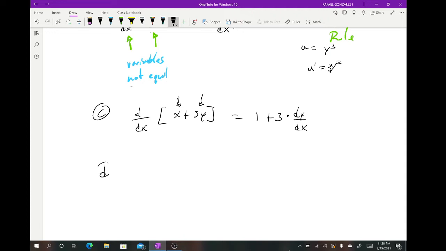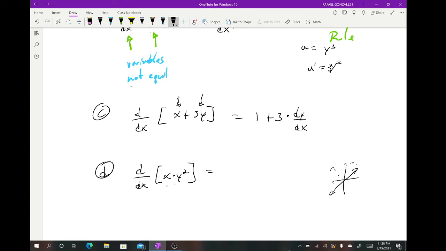Let's do one more. We're going to do a lot of examples of this anyway in this lesson. So d dx of x times y squared. Here, notice that we're multiplying two functions together. You could think about the x as being the line y equals x, and y squared as being a parabola.